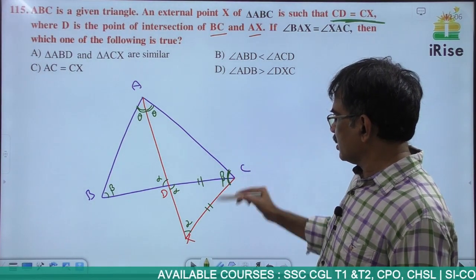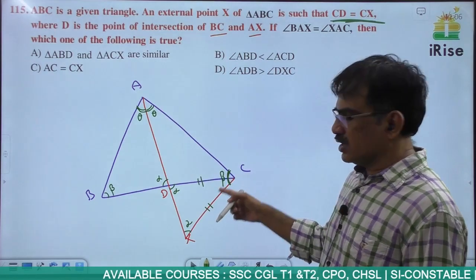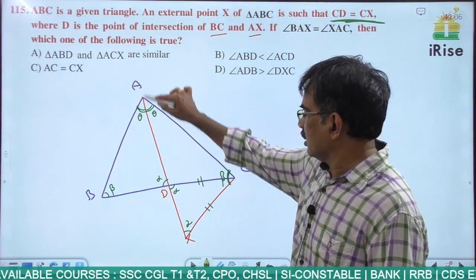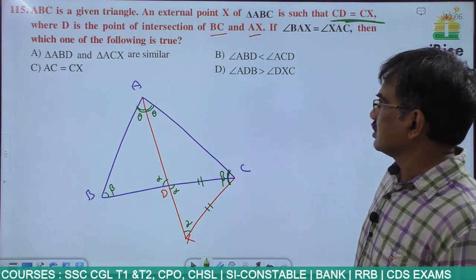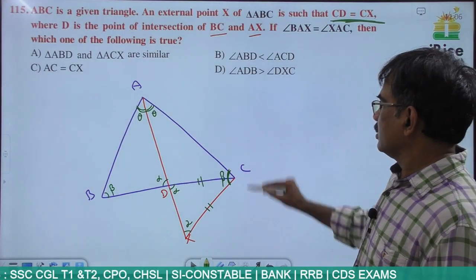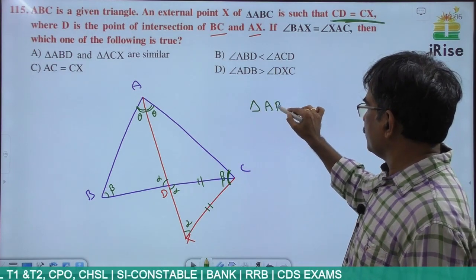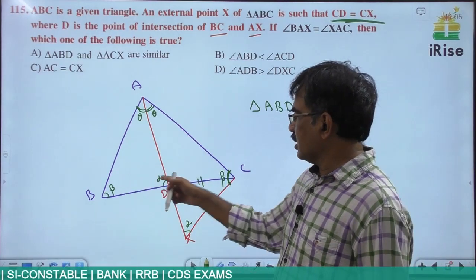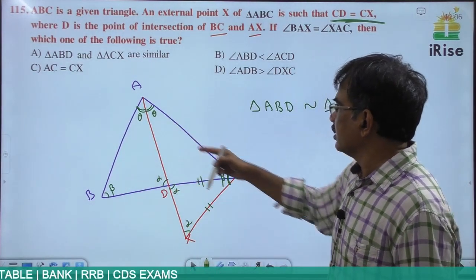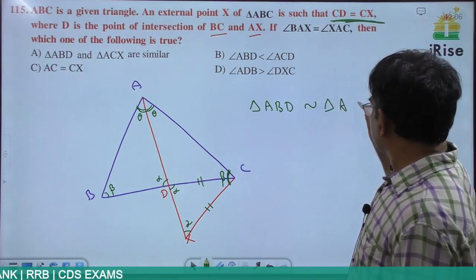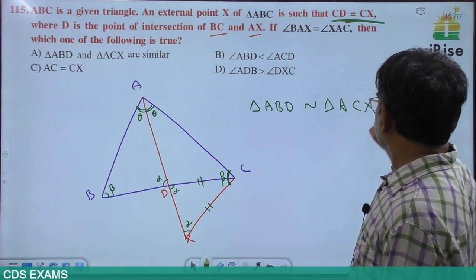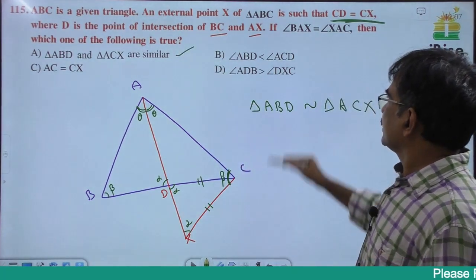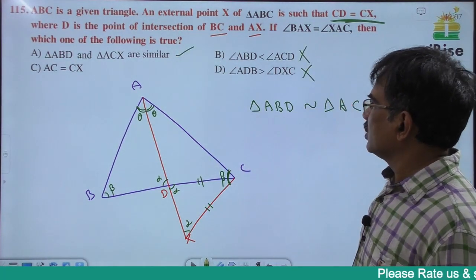This total angle is beta. Two angles are equal, 180 minus of theta plus alpha. So therefore, this triangle and this triangle are similar triangles. Triangle ABD is similar to triangle, theta beta alpha, ABD. Here theta beta is C, alpha X. So ABD is similar to ACX. This is the answer.